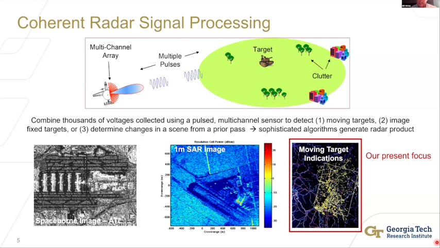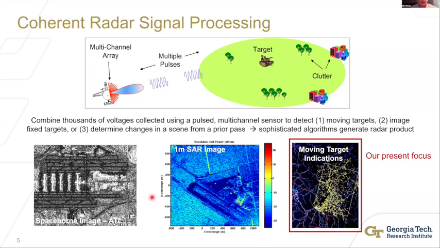Typically, the radar will send out a series of pulses to illuminate the scene, and this is done so that we can isolate the transmit function from the receive function and still get a range measurement. Then the radar will collect thousands and thousands of voltages from a particular range bin of interest, a particular distance from the radar, and will use sophisticated algorithms to generate the radar products, which include images like I'm showing here on the bottom of the slide, which are estimates of the electromagnetic backscatter from a fixed scene.